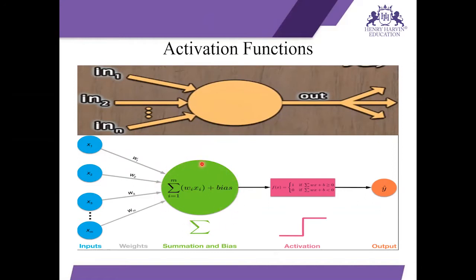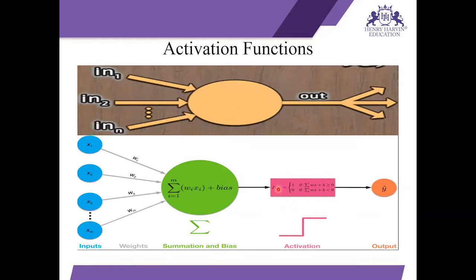The weights and inputs get multiplied and added up, and the bias also gets added. Then it is passed to an activation function, and finally we get the output. So here we can see the activation function.